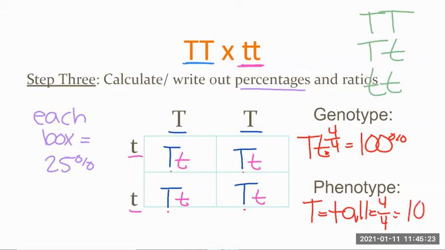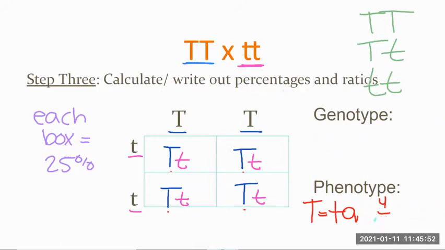Therefore, 100% of our offspring will be tall. The percentages part is the easiest part, especially if you remember the different types of genotypes and phenotypes that we have in this particular example. Now I'm going to erase the percentages, and we'll look at the ratios.